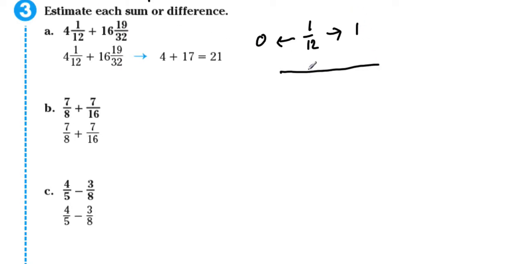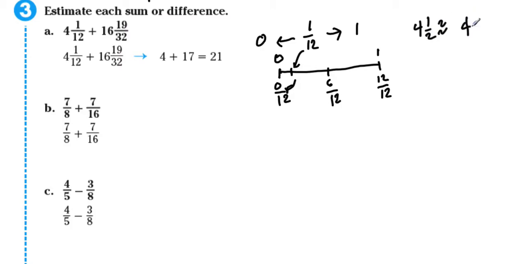In the number 1 I put 12 over 12, and 0 I put 0 over 12, definitely 1/2 of that would be 6 over 12. So if you look at 1 over 12, it's right here, and it's closer to 0, therefore 4 and 1/12 is estimated to become 4 plus 0, because now you're rounding 1/12 to 0, and that's why it's just 4.